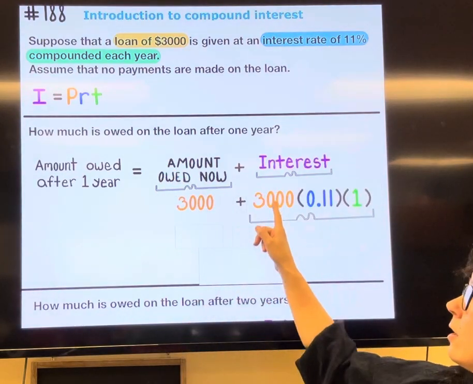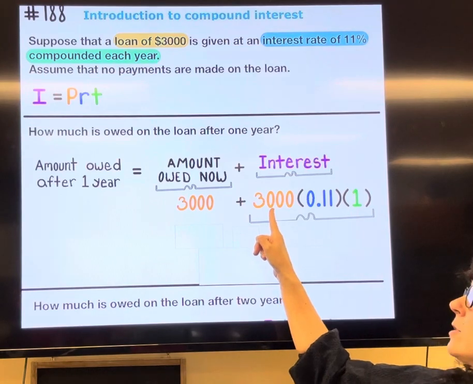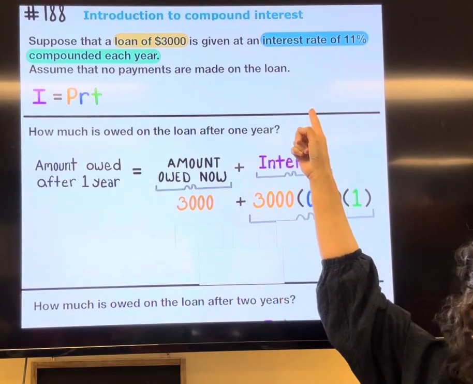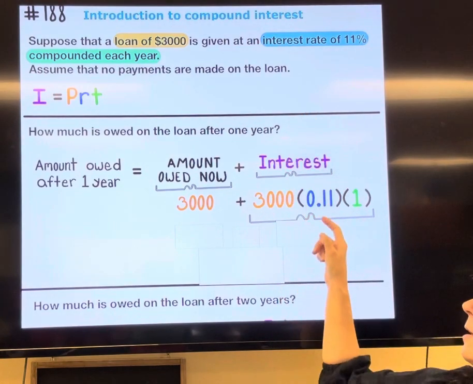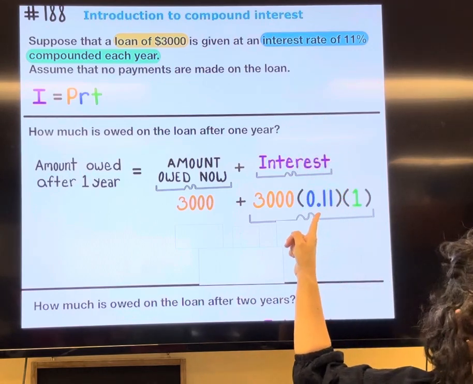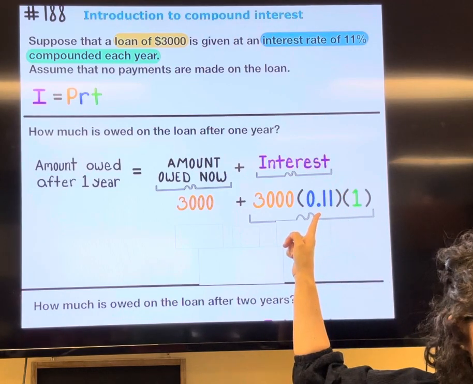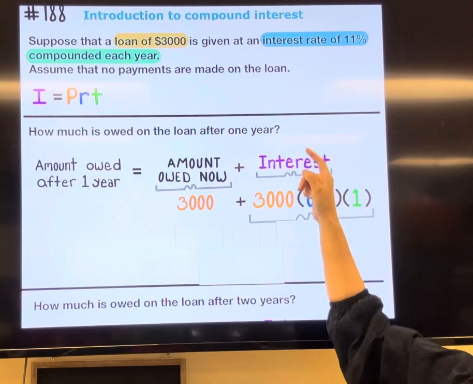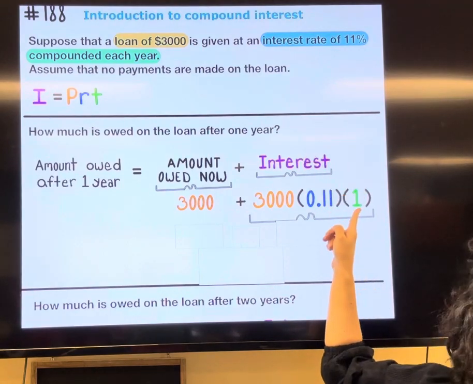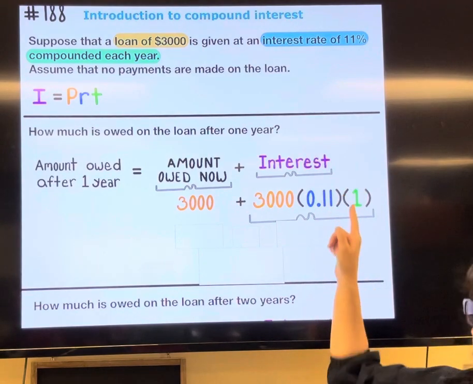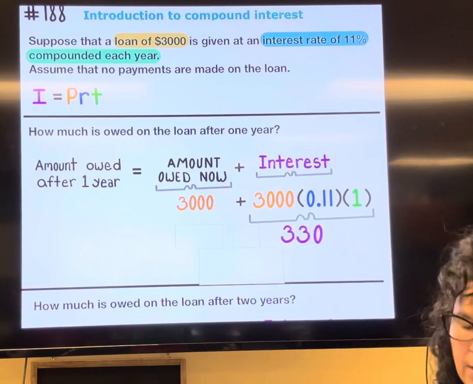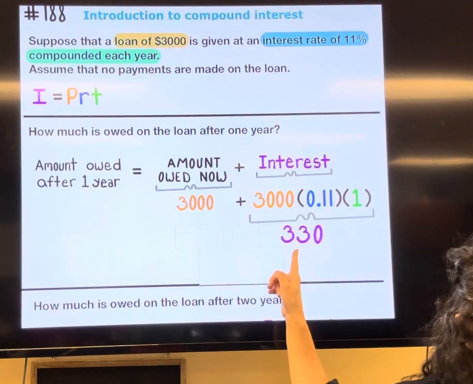So the principal was $3,000, the interest rate was 11%, but again, notice I put in 0.11 and not the number 11. And then it's for 1 year, so 1. When I multiply these three things together, I get 330.